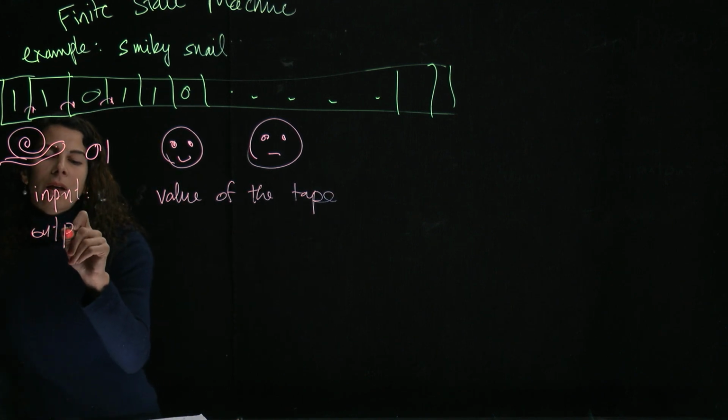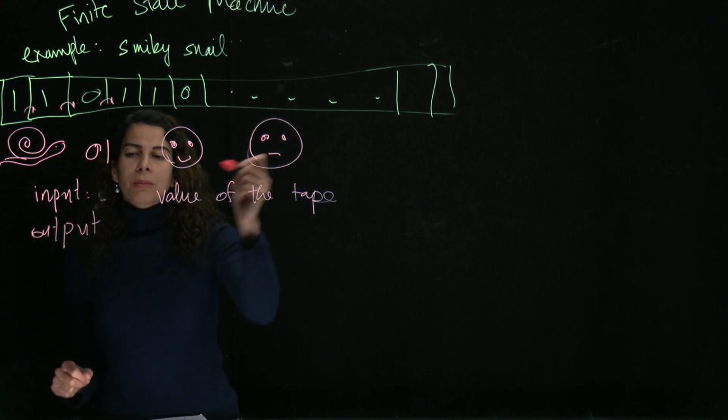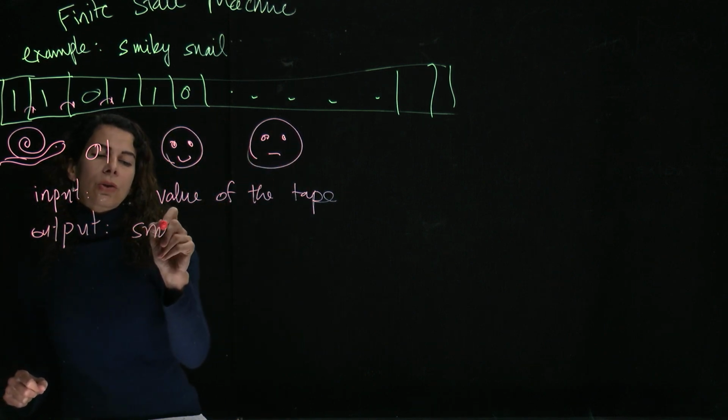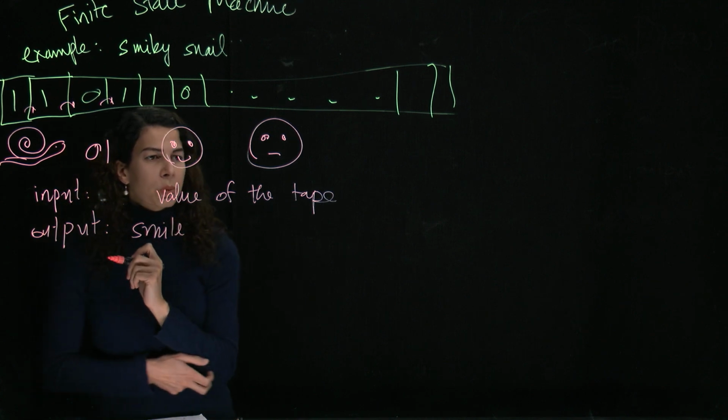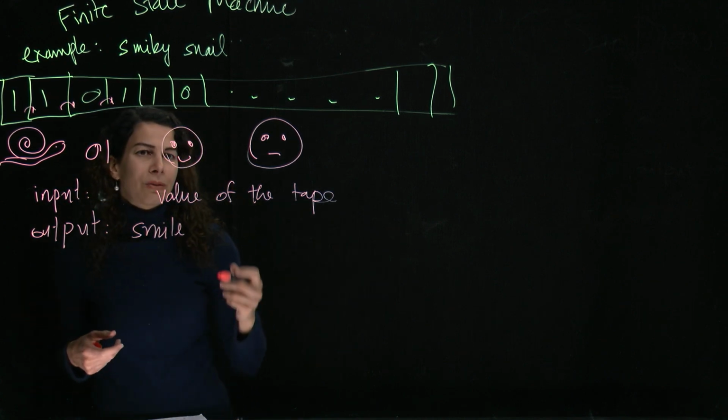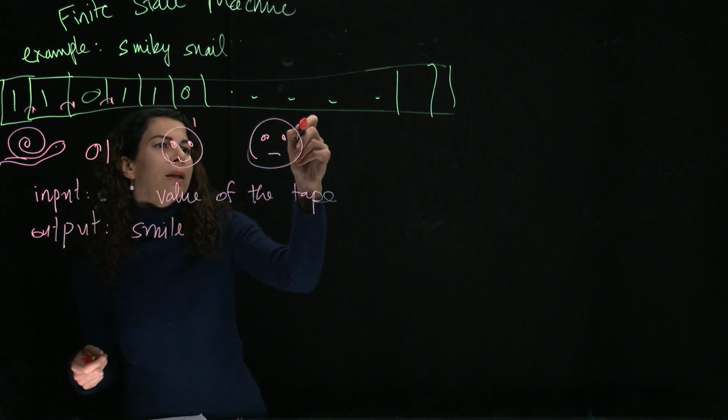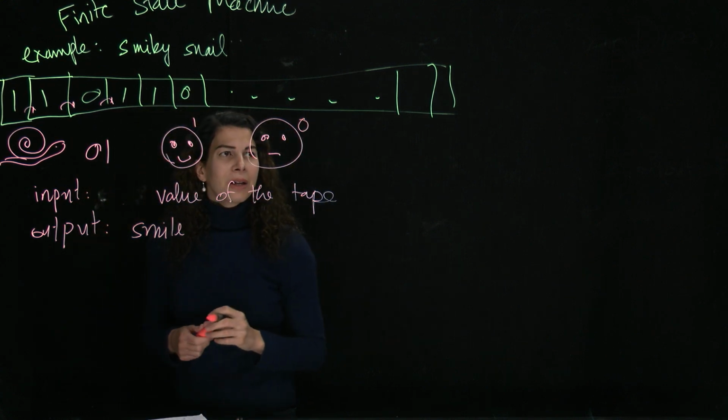And then the output is the smile. How many bits do we need to represent a smile? Just one bit. So assume this is a 1 and this is a 0.